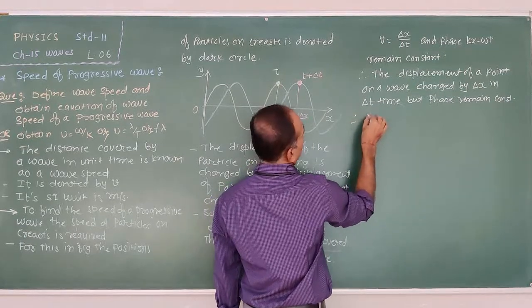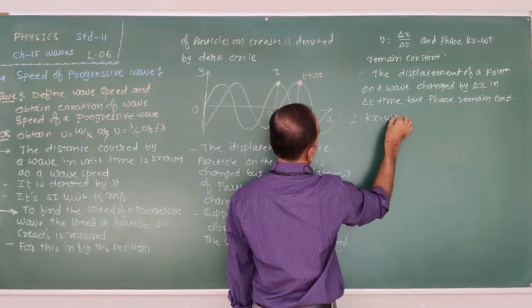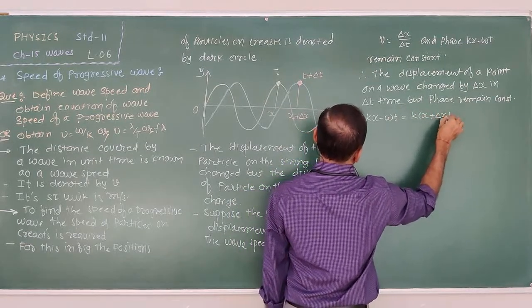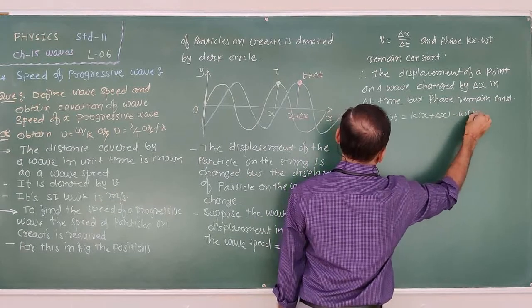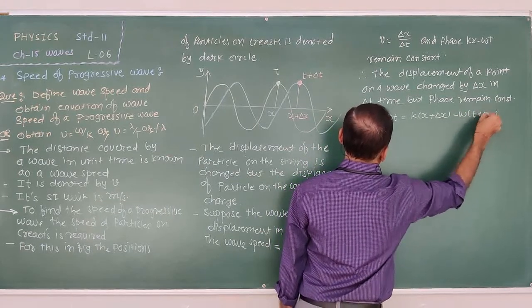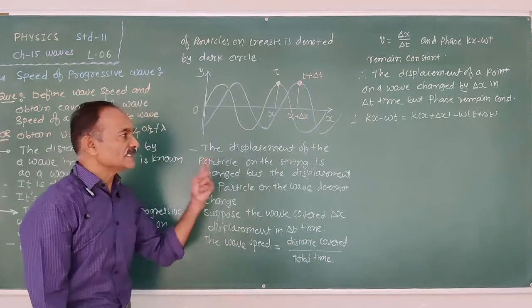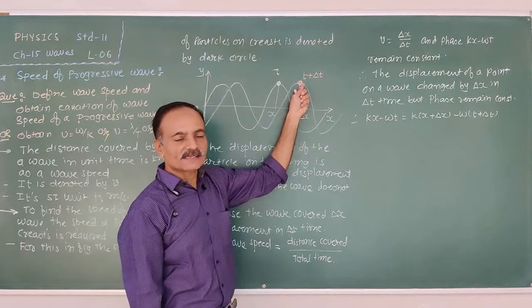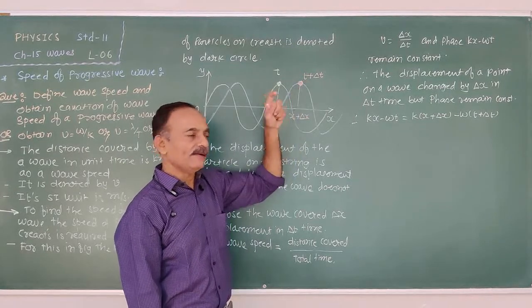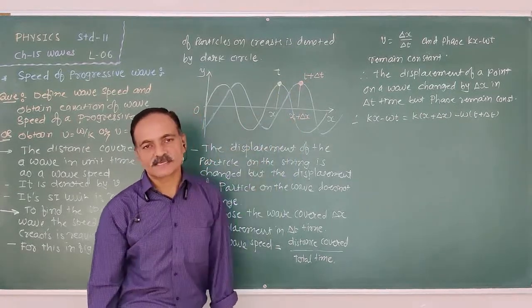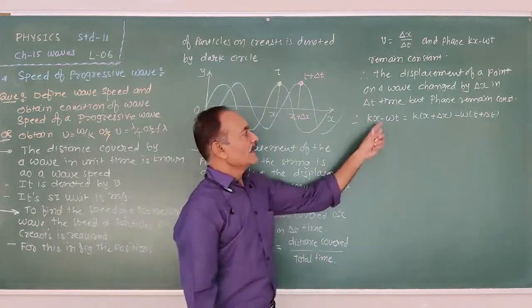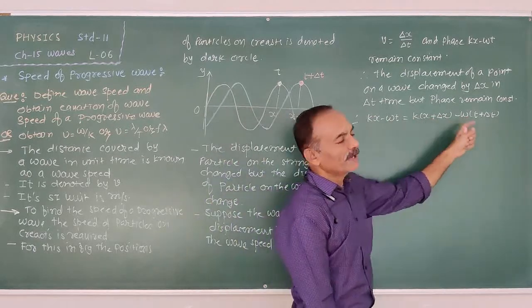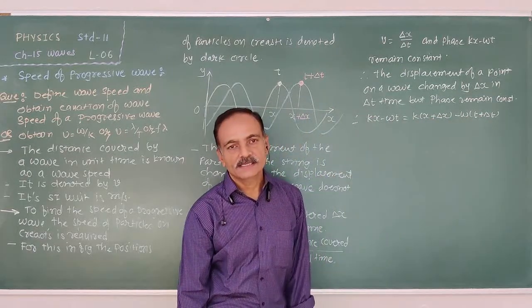Therefore, kx minus omega t is equal to k(x plus delta x) minus omega(t plus delta t). Here the phase is constant, so the same phase after delta t time and after the delta x displacement. Therefore, the phase at time t, kx minus omega t, is equal to the phase at time t plus delta t.